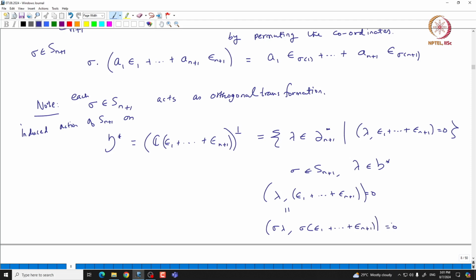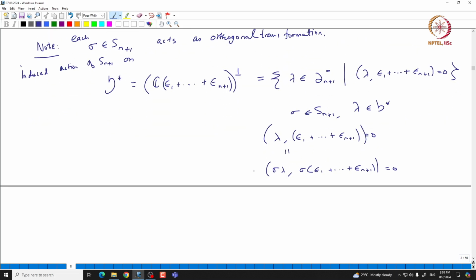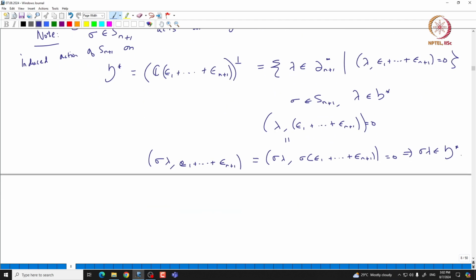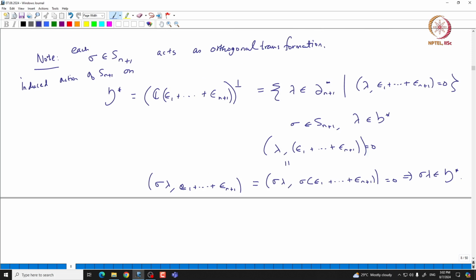Now all the coordinates of this vector are 1, so sigma fixes this vector. So this is exactly sigma lambda comma epsilon 1 plus etcetera epsilon n plus 1, which is 0. This implies that sigma lambda is again inside this orthogonal complement. So, this way you get the action of S n plus 1 on H star. Indeed you have gone modulo all the fixed vectors, so it is going to be a faithful action.